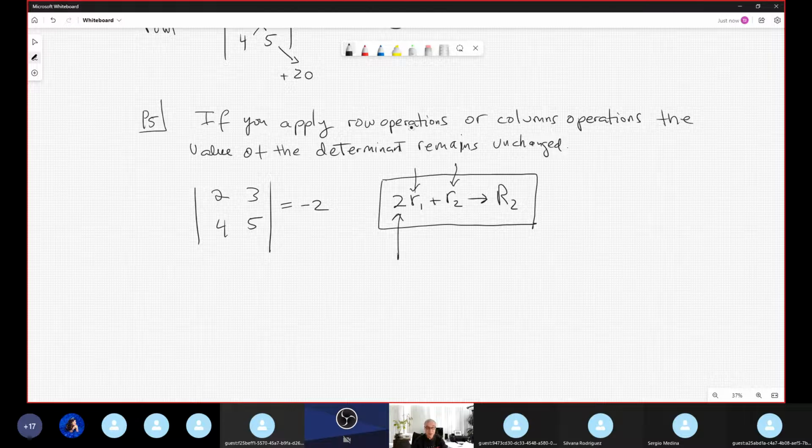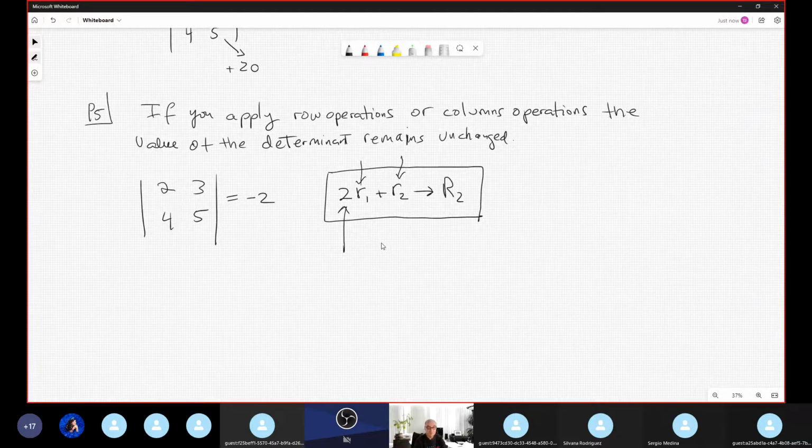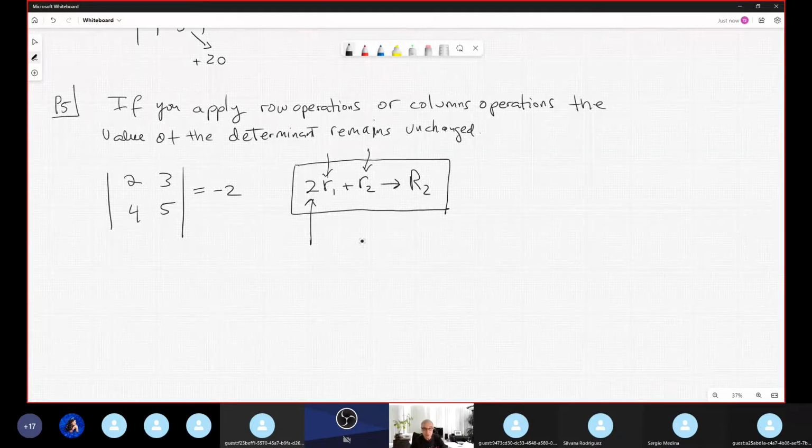Let's do it quickly, and you will understand very well now. Suppose this is my new determinant after performing this operation. It's obvious the row 1 stays the same, it doesn't change. You change only row 2.